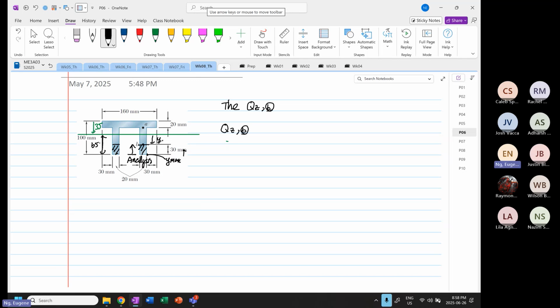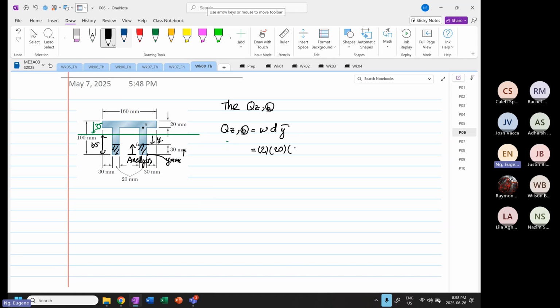at point B now. Okay, now we have to take 2 because we have left and right web. So the formula, let me write out the formula, is Y depth Y bar, right? So the width over here is 20. The width is twice because you have left and right web multiplied by 20.